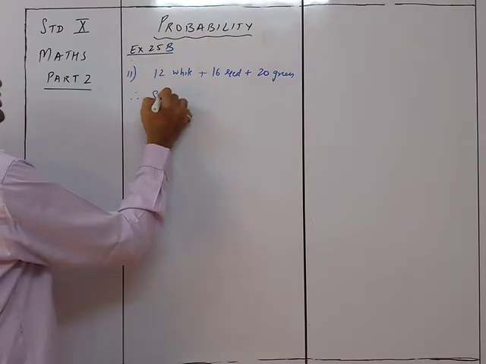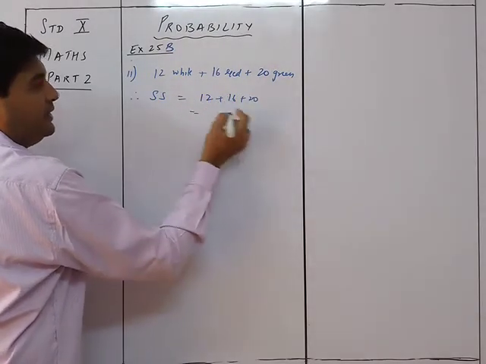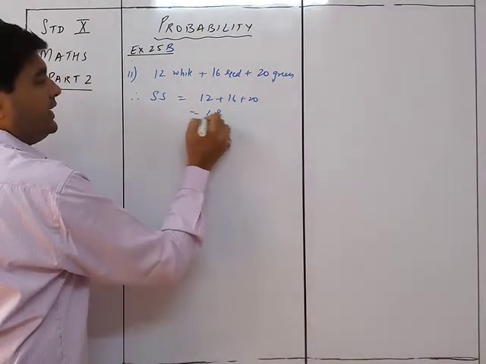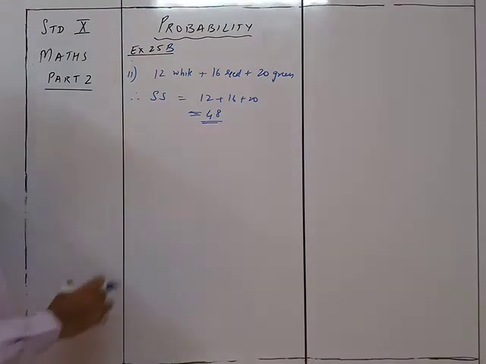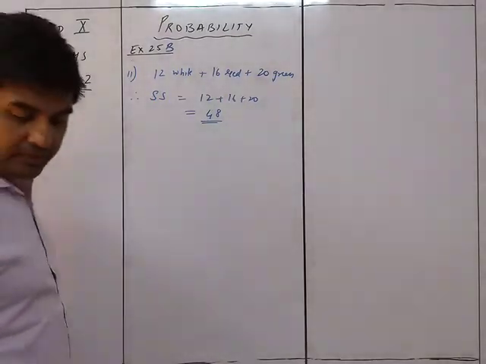Therefore, sample space is equal to 12 plus 16 plus 20, that is 48. So 48 is the sample space.